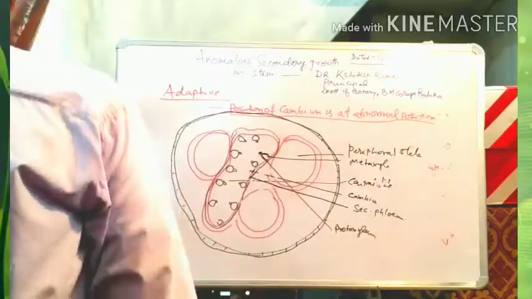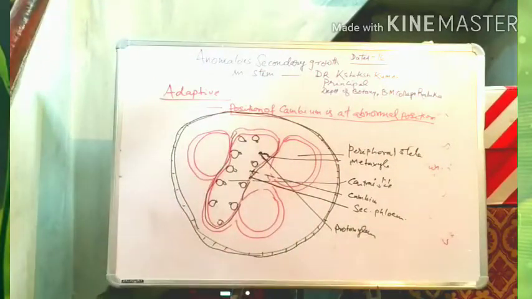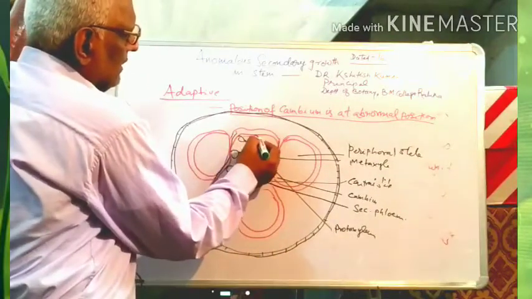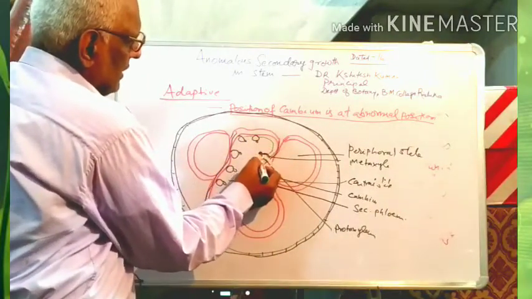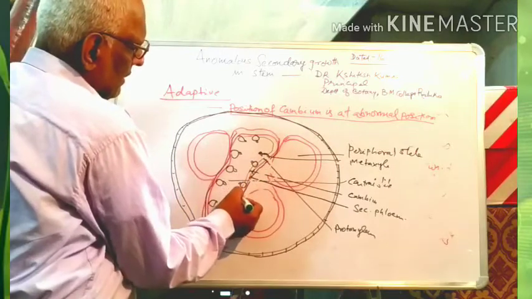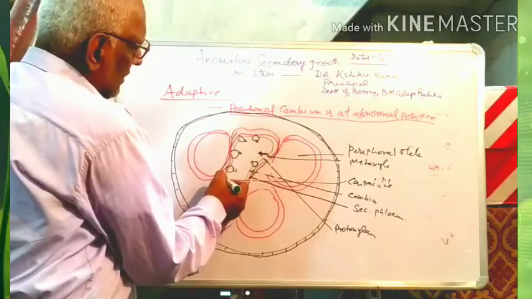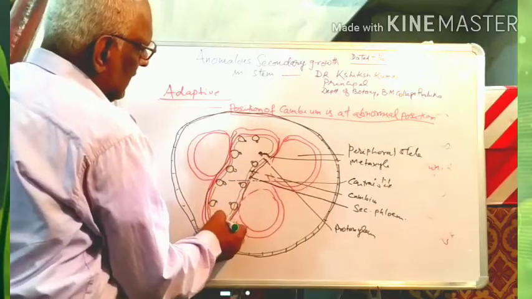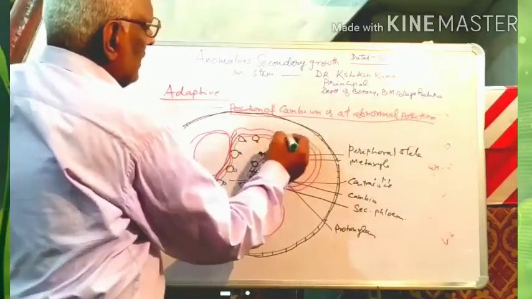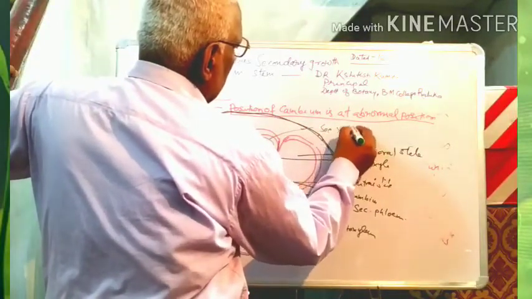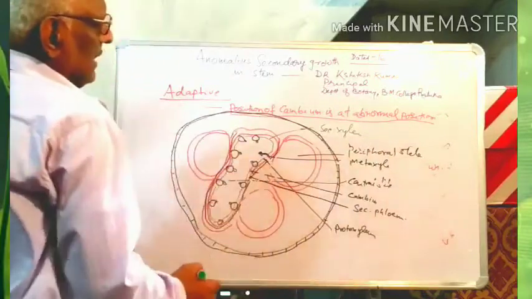Here at the time of secondary growth, the cambium forms secondary xylem inside. This portion is secondary xylem. This is the primary xylem.